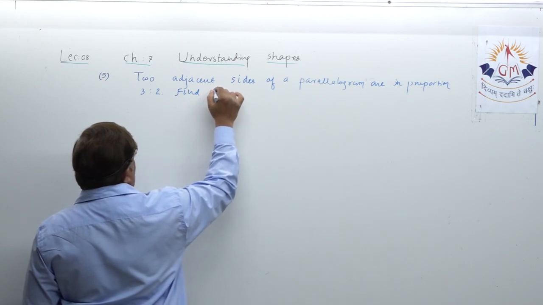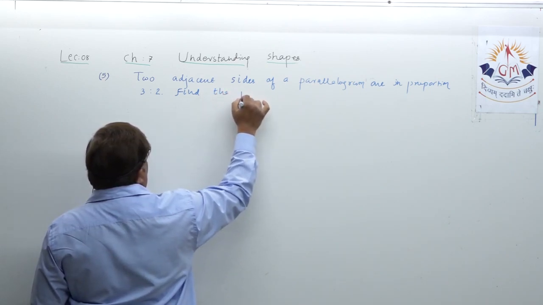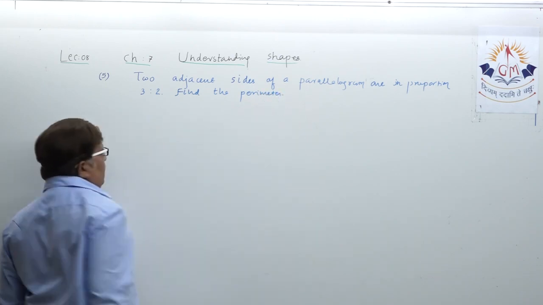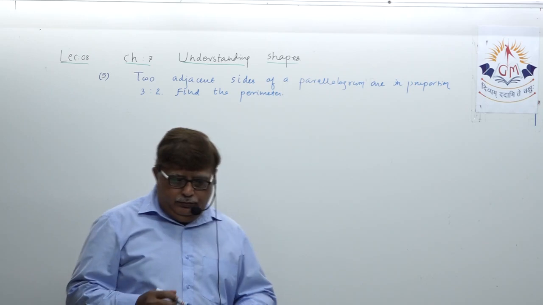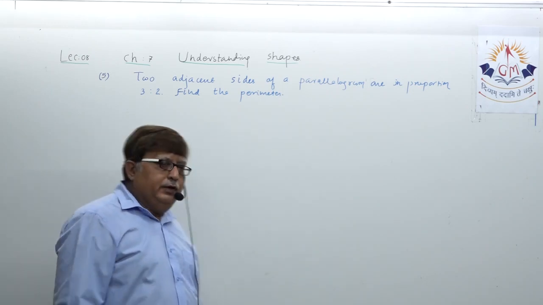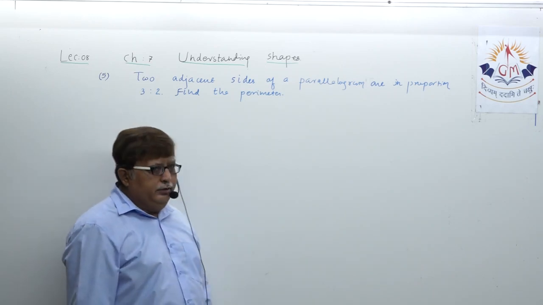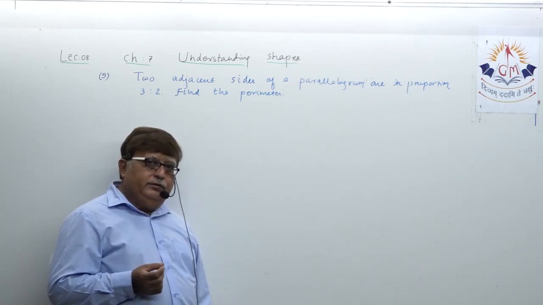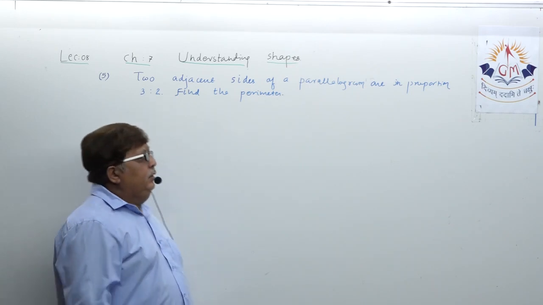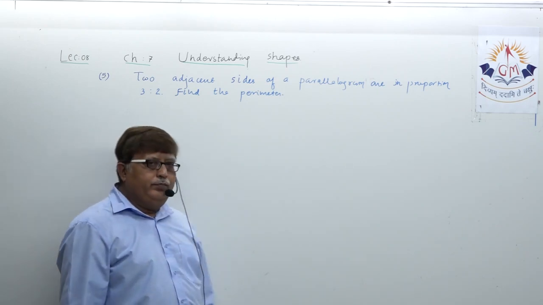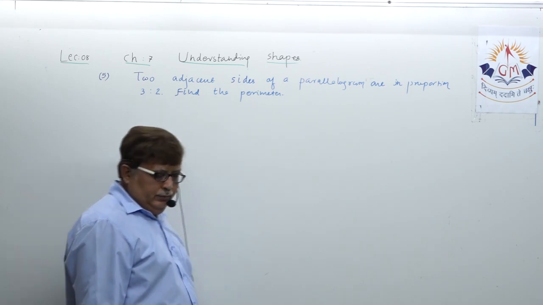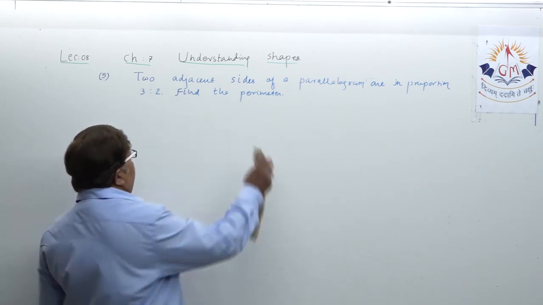Find the perimeter. Okay. What is given to you? This is a new type of example again. The adjacent sides of a parallelogram are in proportion 3:2. Just a minute.